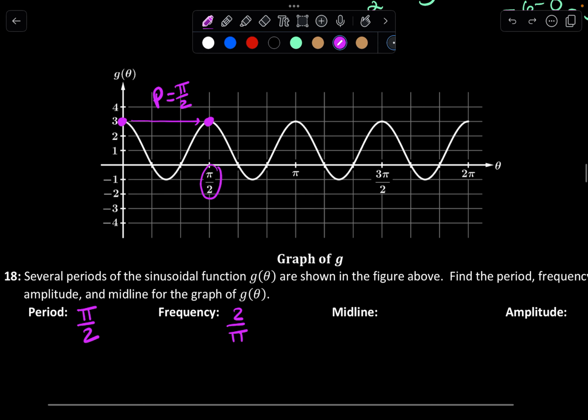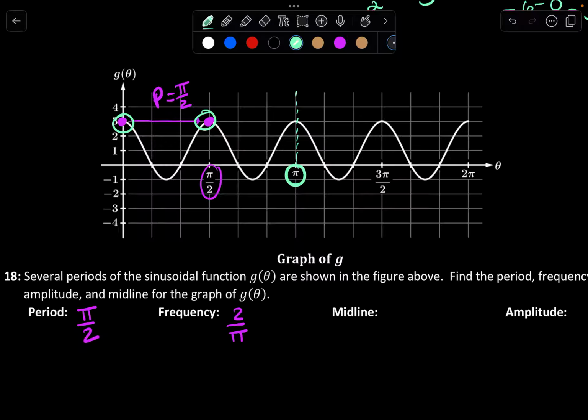Within this first cycle, I have a maximum, I have another maximum, and that happens within 1 pi, okay? So this here is not included because it's the start of a new cycle. So that means the new cycle would be here. Sorry. The cycle is pi over 2, but our frequency is in terms of pi. So we have 2 maximums per pi.